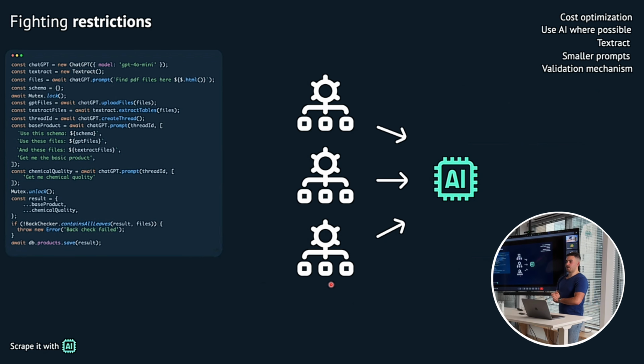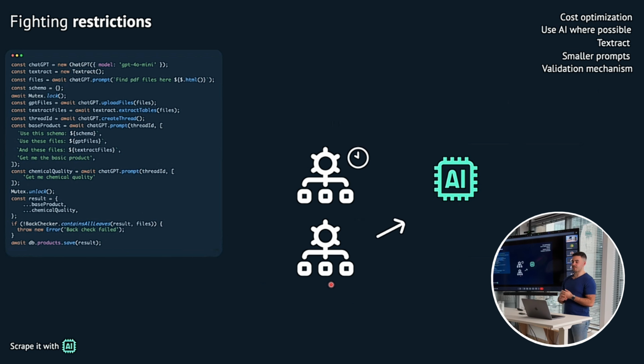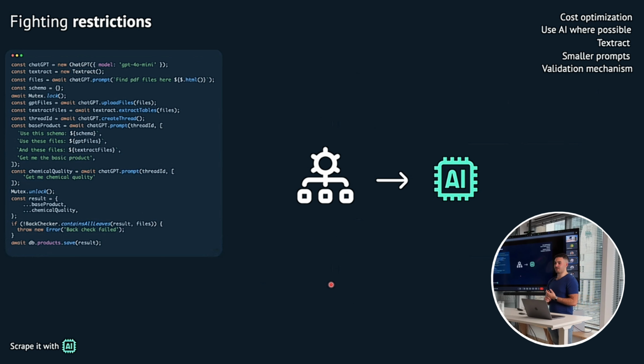So when we dealt with data quality, we were able to run scrapers one by one, but we were hitting the concurrency limits of ChatGPT, and basically the rate limiter didn't allow us to continue at this rate, so we somehow had to implement a locking mechanism for processes.